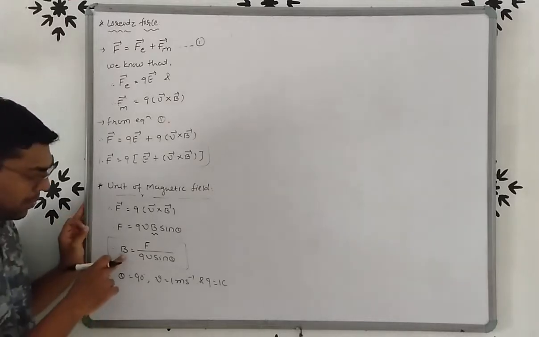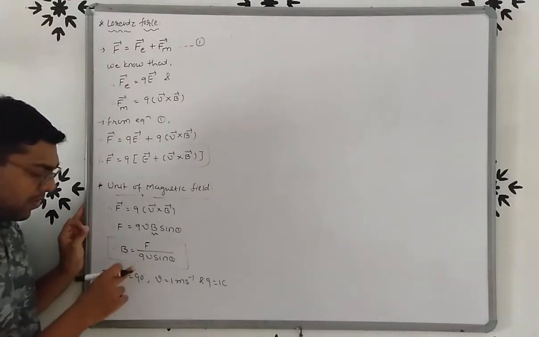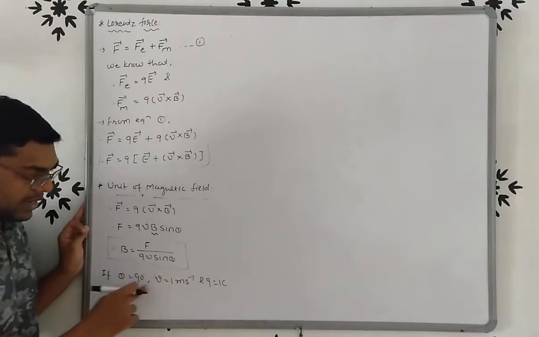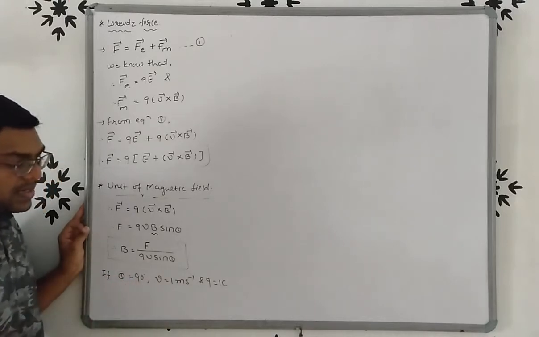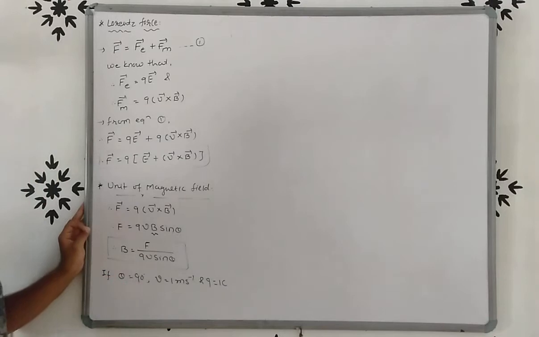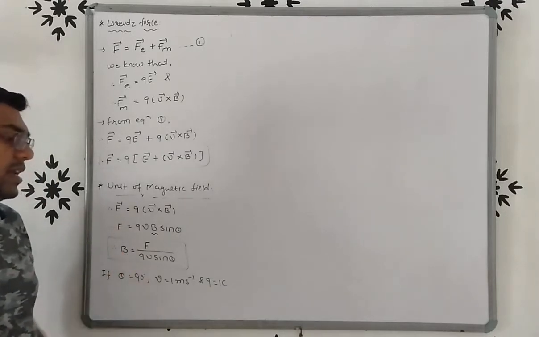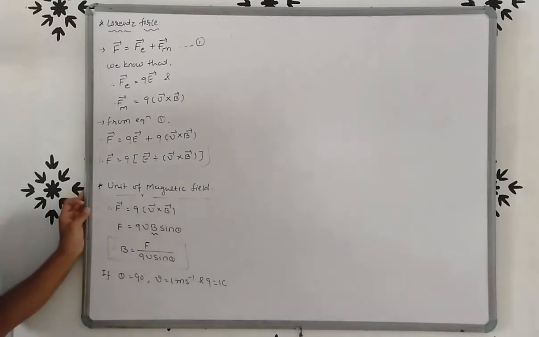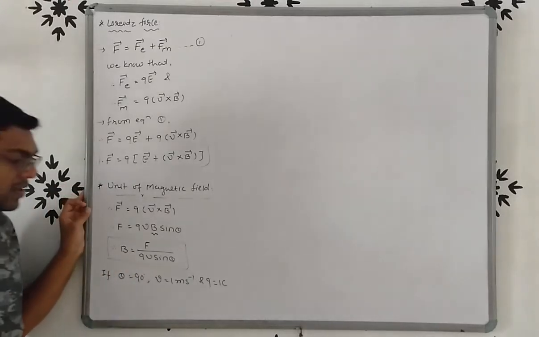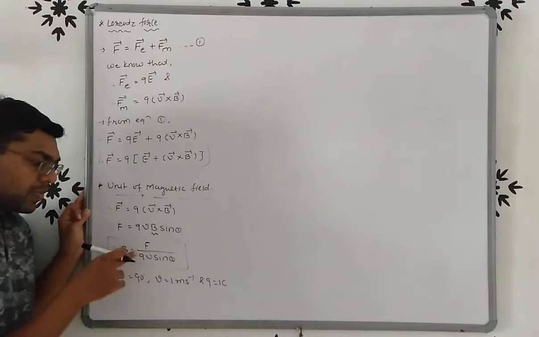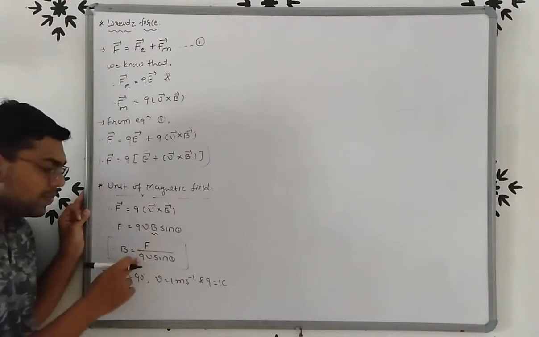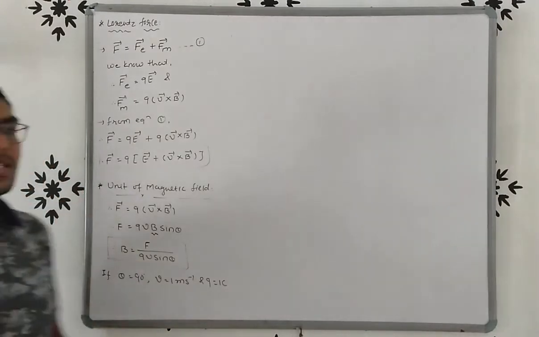So if theta equals 90, V equals 1 meter per second and charge Q is 1 coulomb, then in this condition we define magnetic field as magnetic force per unit charge, right?